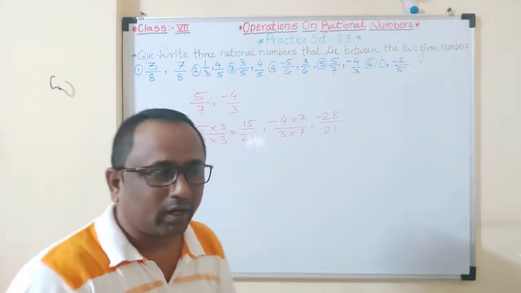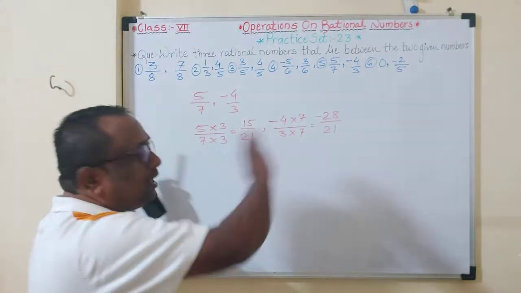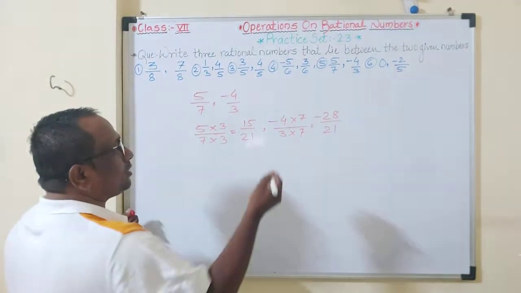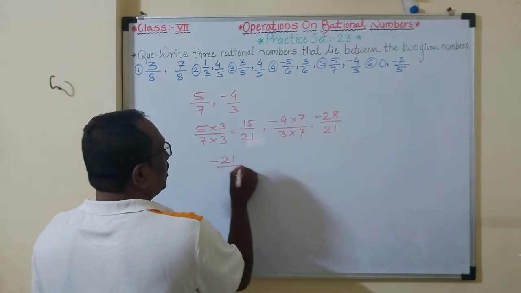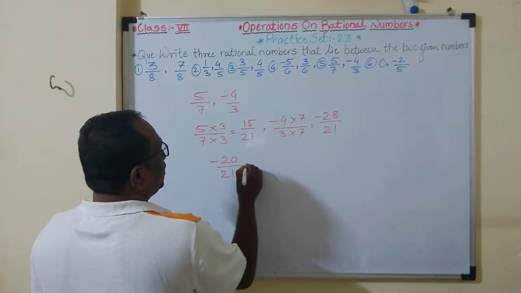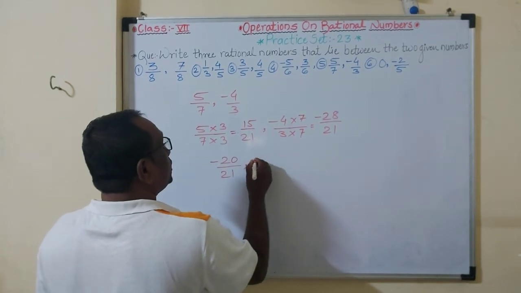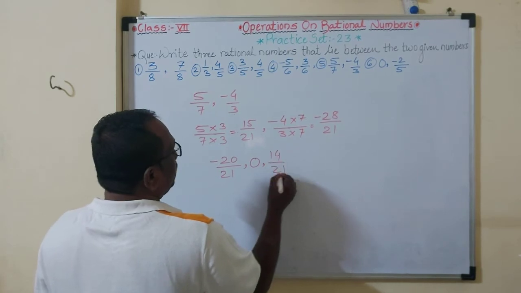So any 3 we have to write. That depends on your wish, because here many numbers are there. So I'll write one negative number, minus 21. Okay, I'll write minus 20 upon 21. Then I'll write 0, I like 0, and then 14 upon 21.